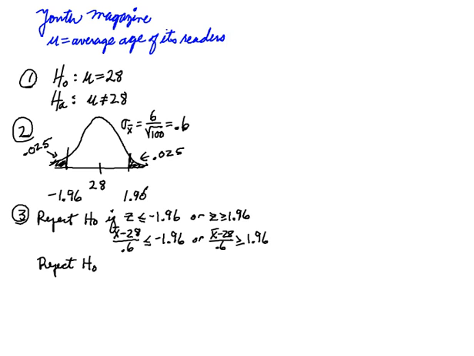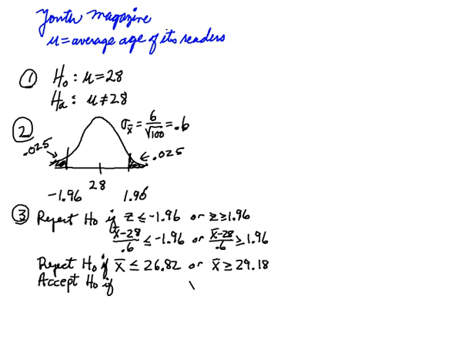So I will get: reject H sub 0 if x bar is less than or equal to 26.82, or, same thing here, multiply both sides by 0.6 and add 28, greater than or equal to 29.18. And if we don't reject, we're going to go ahead and say that we accept H sub 0. We'll be claiming that it's true.